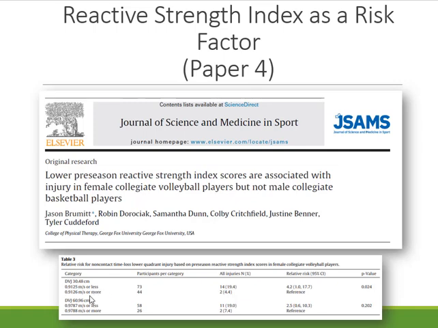A higher score is a score that we would say is better. The individual is more explosive.